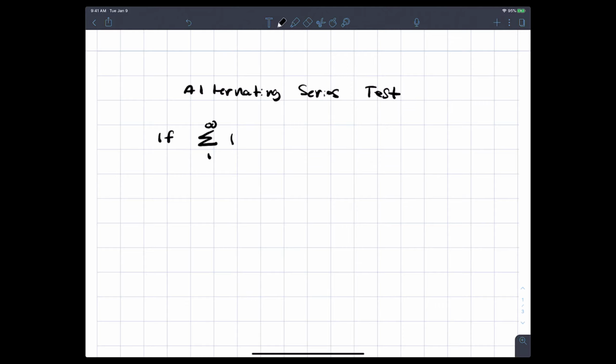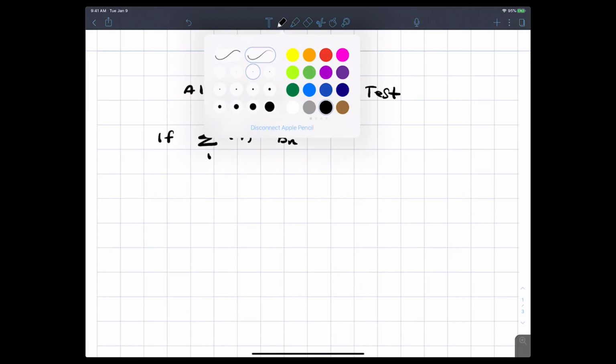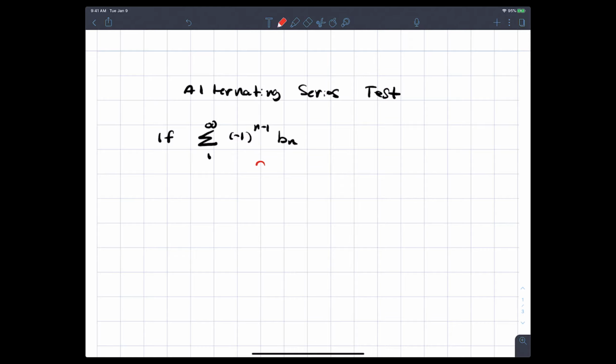I think your book writes it as negative 1 to the n minus 1 power times b_n. Altogether, you can think of this whole thing as a_n.